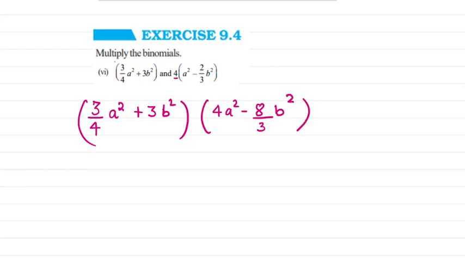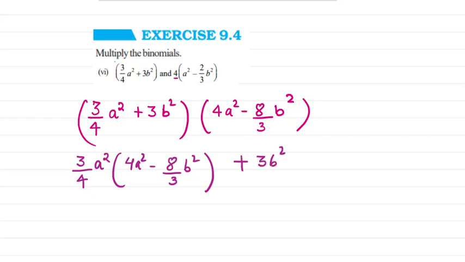Now the same way, we will simply write the first term, that is 3a square by 4, and that will be multiplied with the other bracket, so 3 by 4 a square times 4a square minus 8 by 3 b square, and then we have the second term 3b square times 4a square minus 8 by 3 b square. Just like this you have to multiply, like we did in the first one.